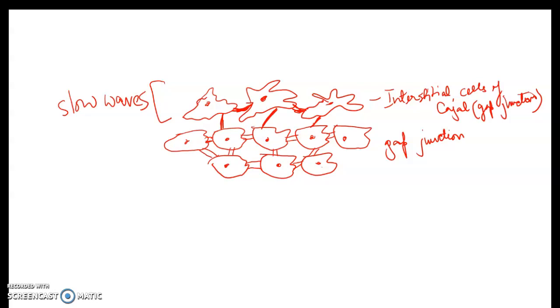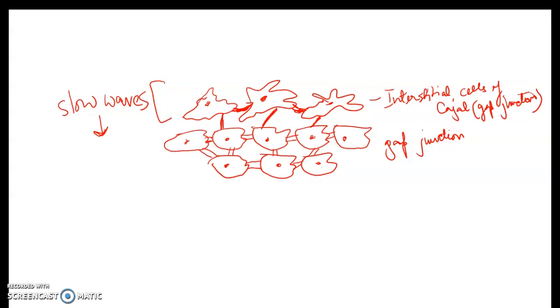These cells behave like pacemaker cells of the heart, and as they produce the slow waves, if the slow waves are depolarized enough, then the interstitial cells of Kajal communicate with the smooth muscle cells, and the smooth muscle cells in turn shoot out an action potential.